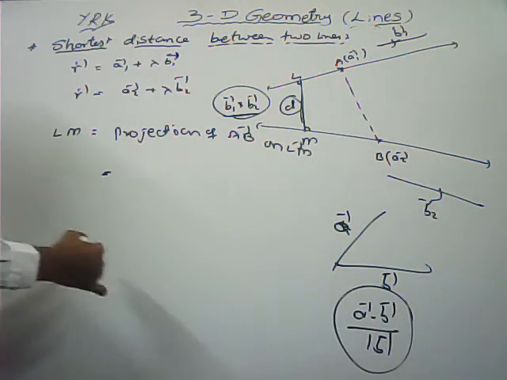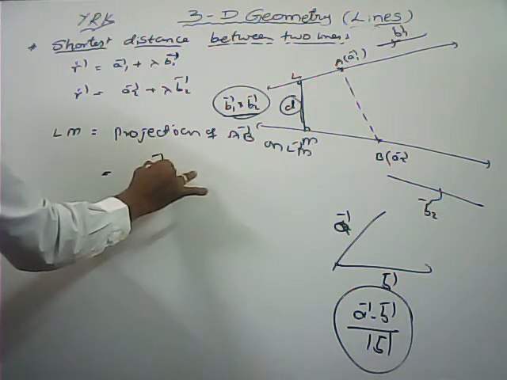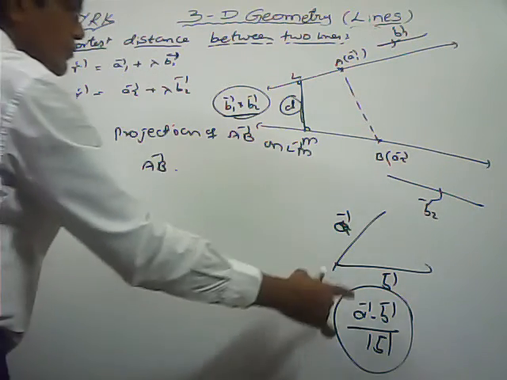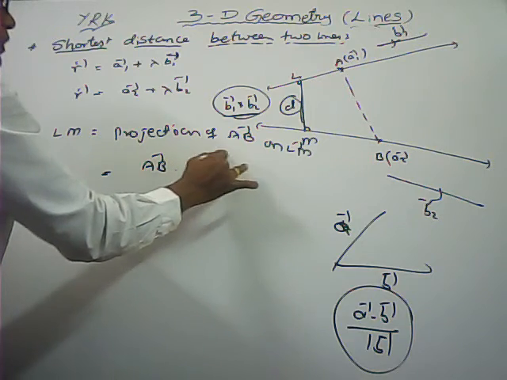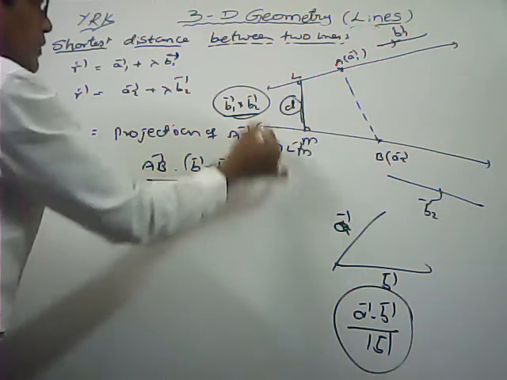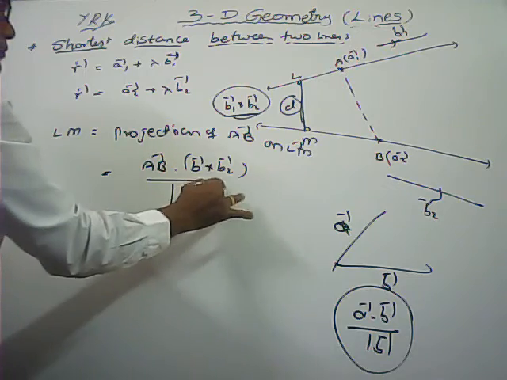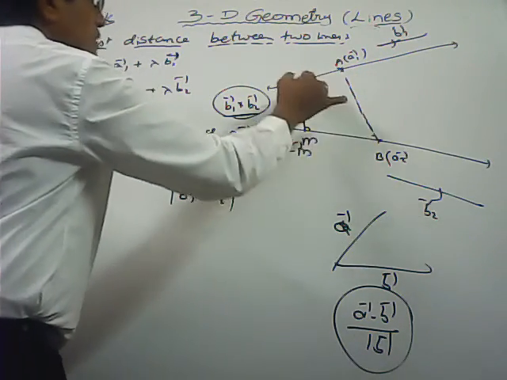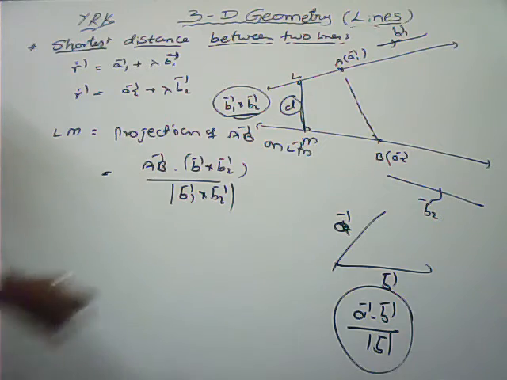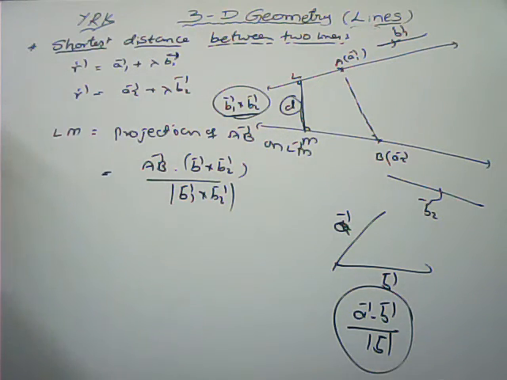So here A bar means AB bar, dot B bar. What about the B bar here? B bar is B1 bar cross B2 bar, by modulus of B1 bar cross B2 bar. Here I am taking A bar as AB bar and B bar as B1 bar cross B2 bar.